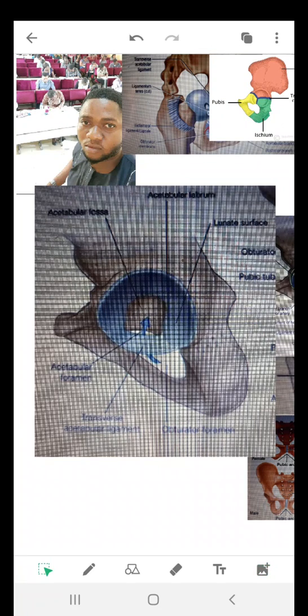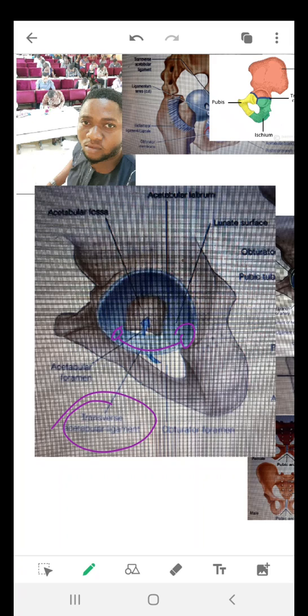This acetabular notch down here has been converted to the acetabular foramen through the transverse acetabular ligament. This transverse acetabular ligament is moving from this place to this place. So the transverse acetabular ligament converts the acetabular notch into the acetabular foramen.